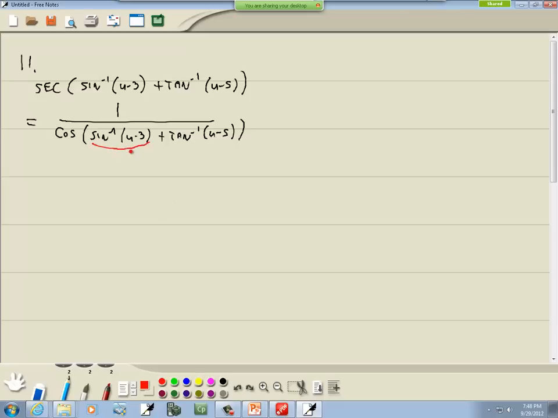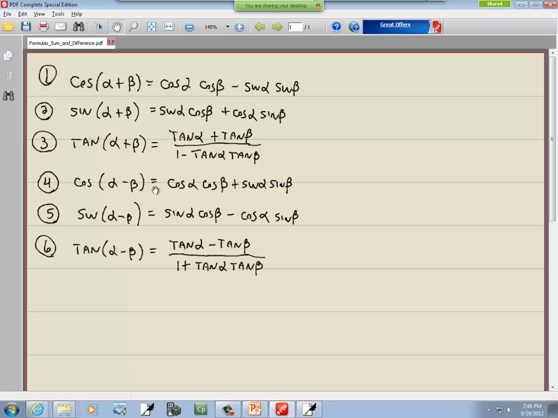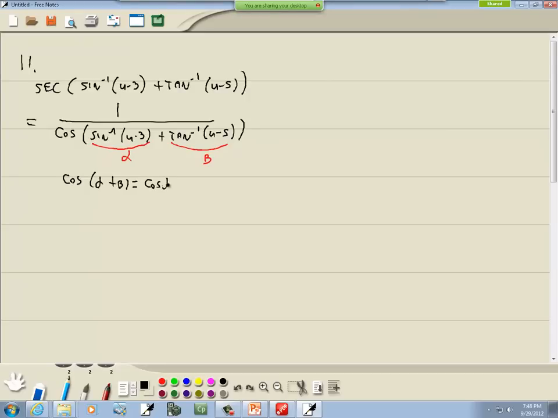Now this is going to be alpha, and this will be beta. And our formula is cosine of alpha plus beta is equal to cosine alpha cosine beta minus sine alpha sine beta. So that's our formula. Which means the bottom part we could rewrite as 1 over cosine alpha. So we've got cosine of the inverse sine of u minus 3.